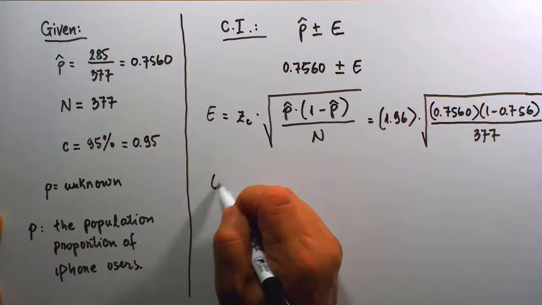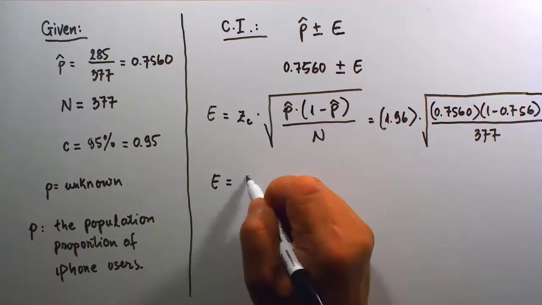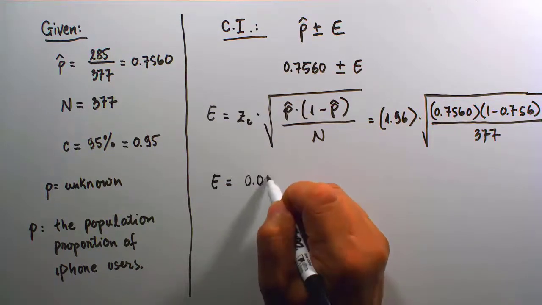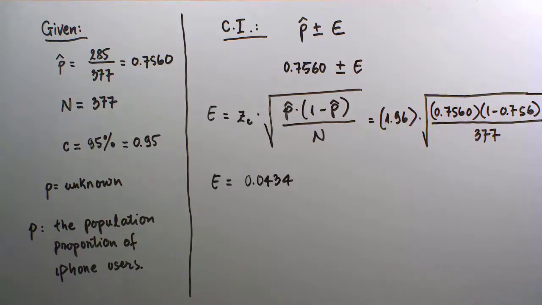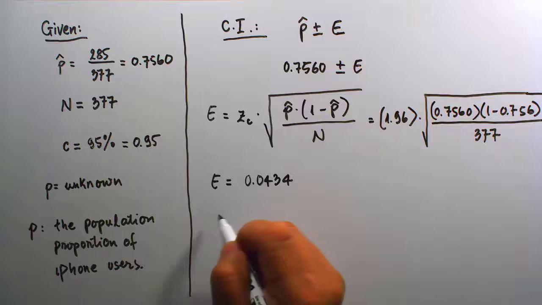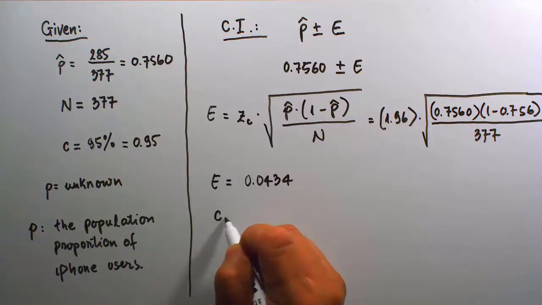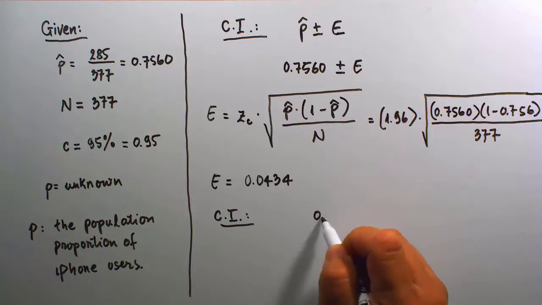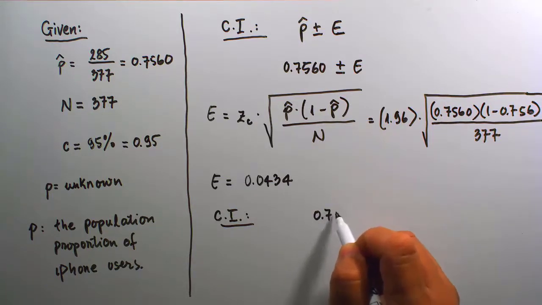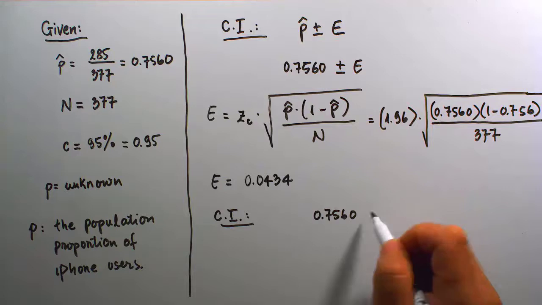So now the final calculation comes out to be 0.0434, and that means our final confidence interval is concluded to be from where our sample proportion currently is, 0.7560.